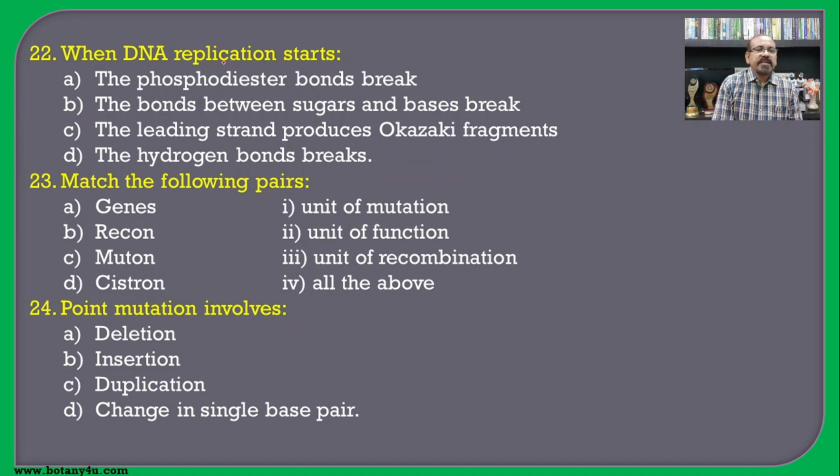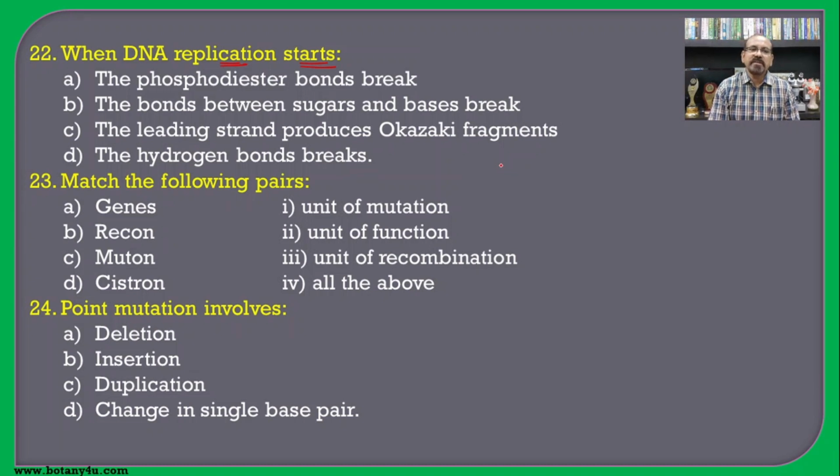When DNA replication starts, as we have seen earlier, first there is an uncoiling, or negative supercoiling, of the DNA molecule. Later there is a breakage of the hydrogen bonds present in it, and because of this the two DNA strands separate from each other.